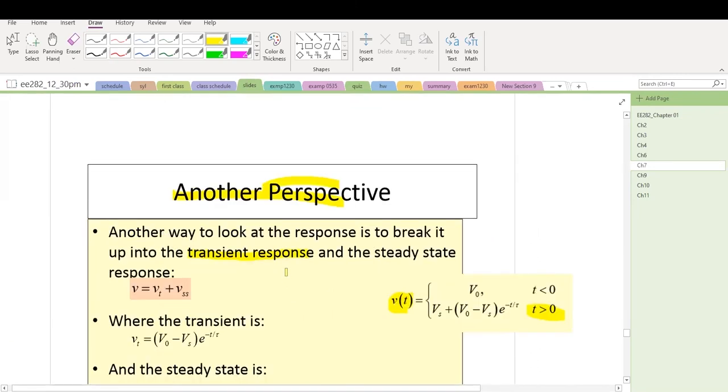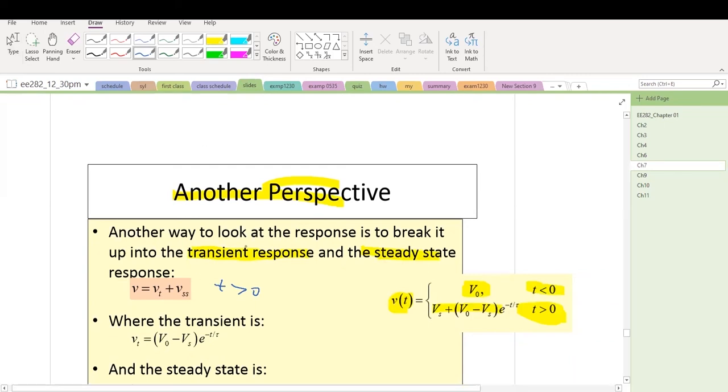The other perspective to look at v of t is to divide it into transient response and steady-state response. In this case, we always talk about when t is greater than 0, because when t is less than 0, that's v0, a constant. So for t greater than 0, v of t equals two portions.